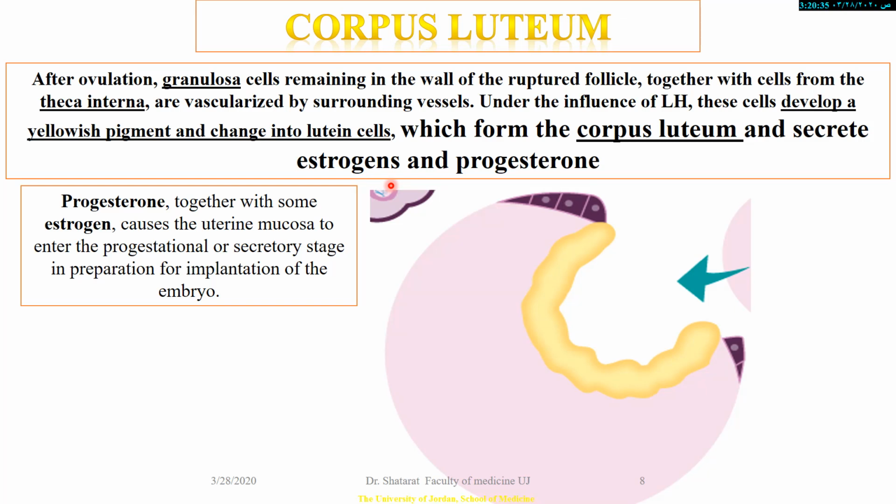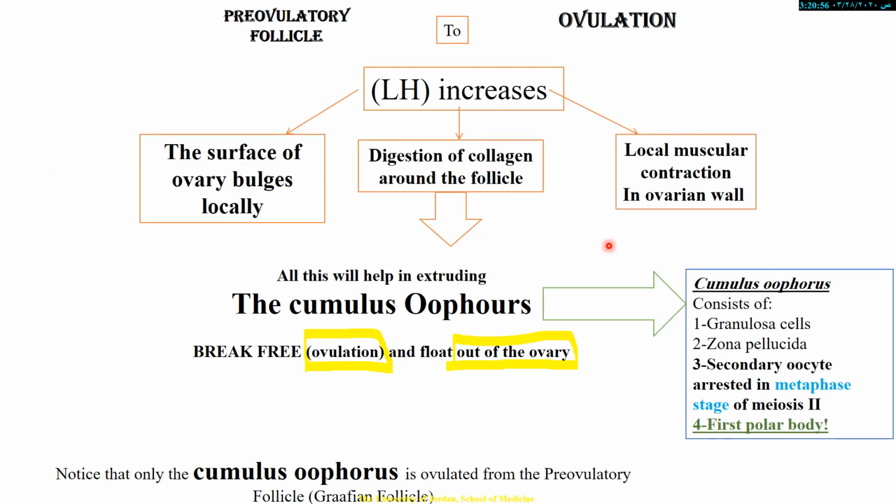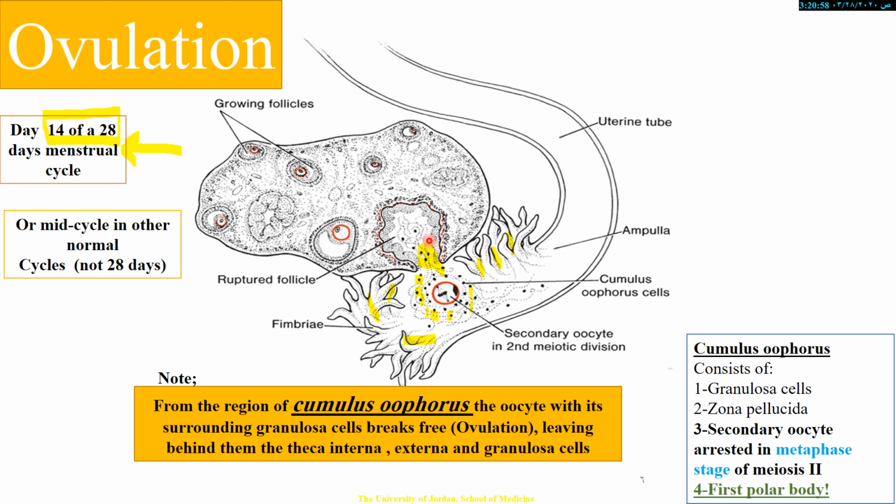It would change from now and then. We will talk about this. Estrogen and progesterone together cause the uterine mucosa to enter the secretory stage in preparation for implantation. I understand that this could be hard for you at this stage, but you need to realize that only the cumulus oophorus has been ovulated.